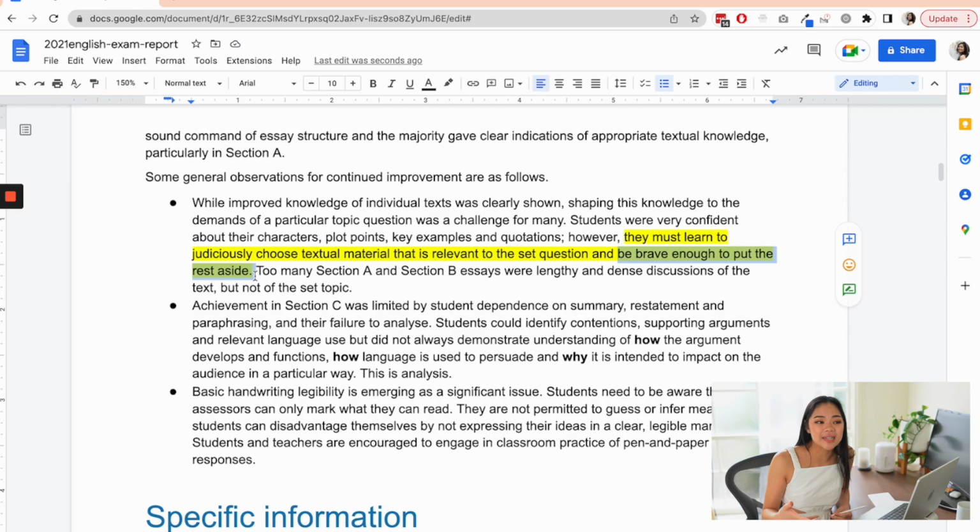So what this means is really just having a look at the prompt at hand and asking yourself, is this example that I love using the best example that I could be using here? Or do I have other examples in my arsenal that I could be using? Maybe you're not as comfortable with them, maybe you're not as practiced with them, but if it means that you can actually really answer the prompt, then you're going to get better marks as a result.